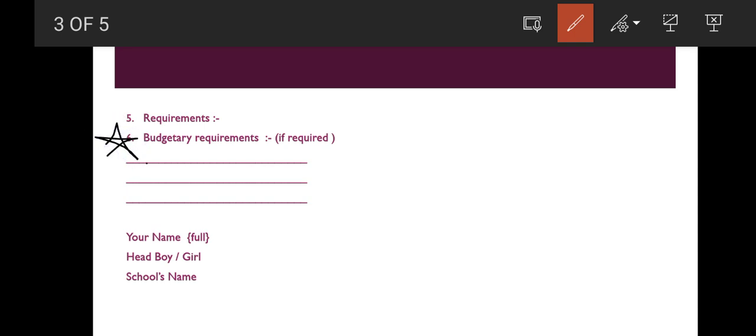People commit a lot of mistakes over here, so make sure you remember this: if budgetary requirements are required, you will write that we have collected this money from the public. If not required, you can write just one line that since no budgetary requirements is required, we have collected everything ourselves.